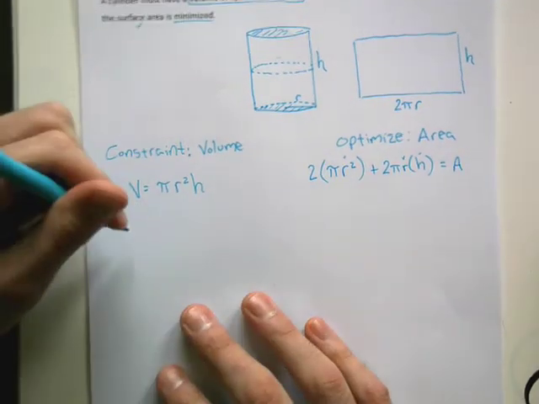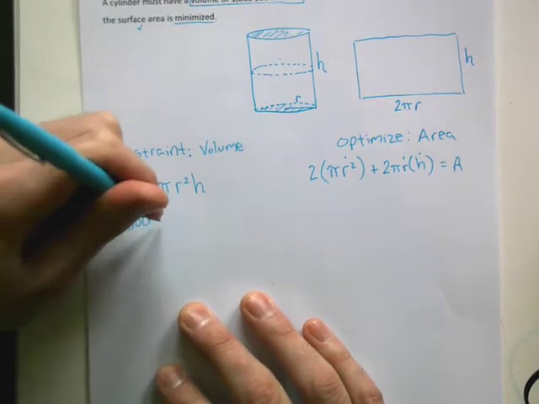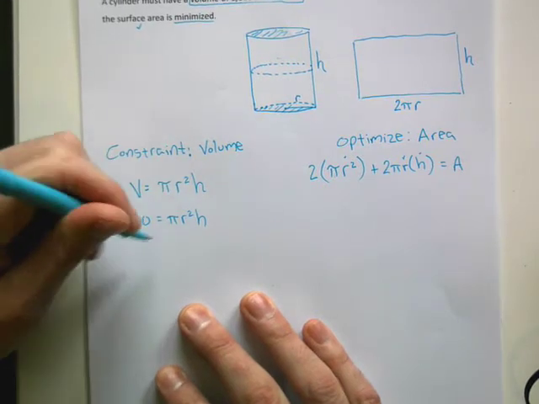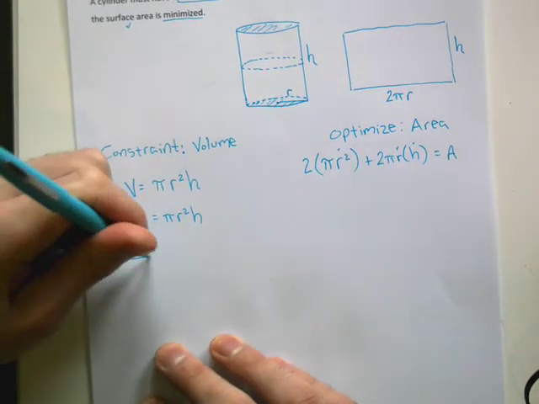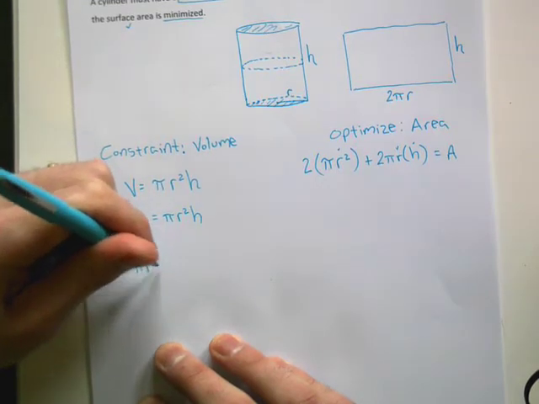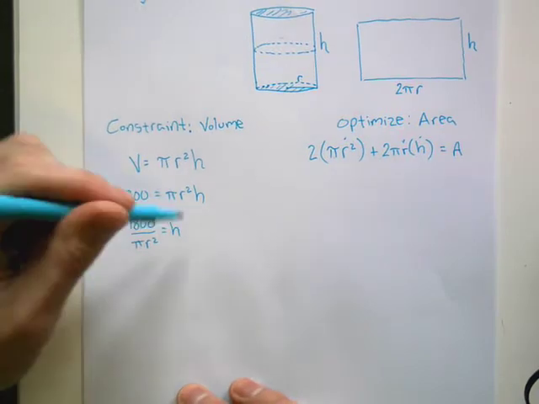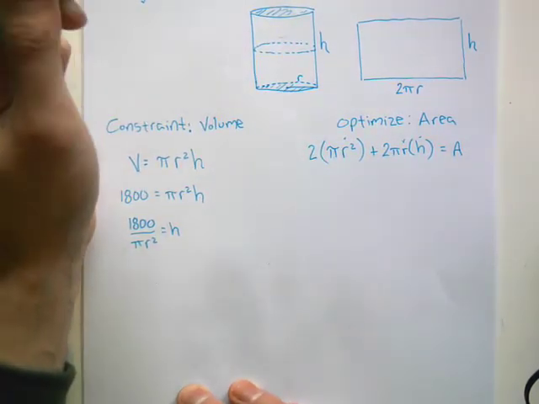So our volume is 1800 equals pi r squared H. And if I write this in terms of H, I get 1800 over pi r squared equals H. Just like what we've done the last 2 weeks, that allows us to plug it into our second equation so that we only have one variable.